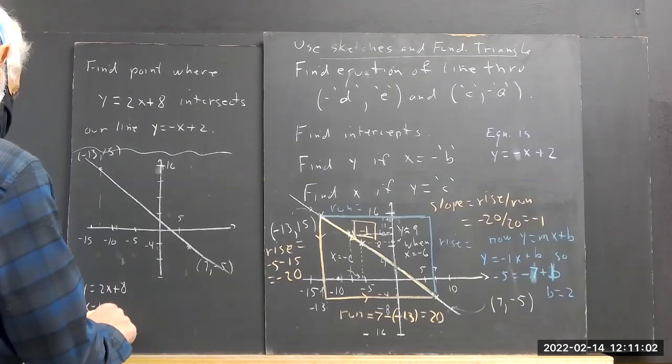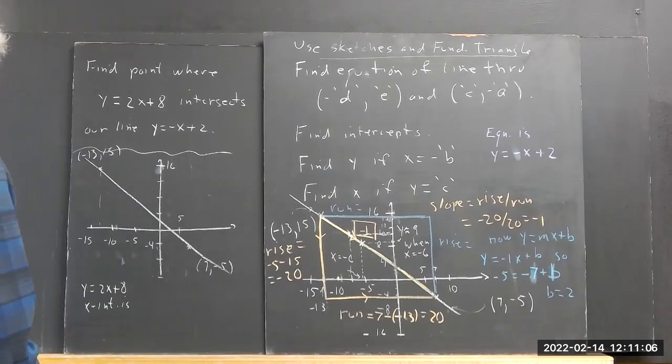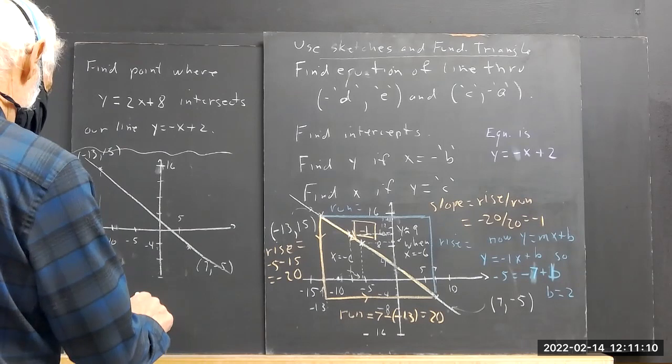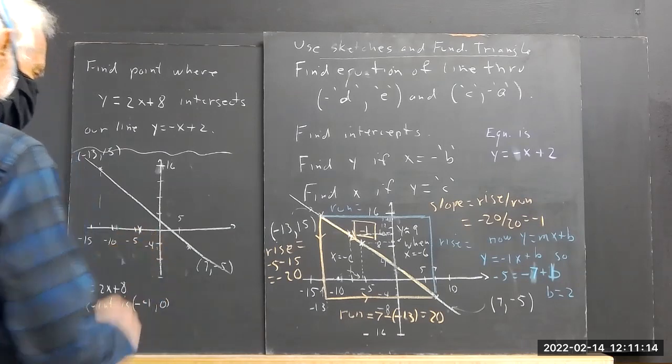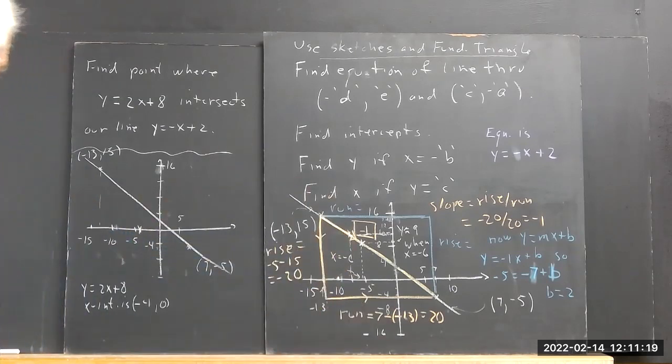Well, the x-intercept is negative 4. So I can draw the x-intercept here. Now I assume you can get the intercepts, because y'all seem to do pretty well with that. Okay.